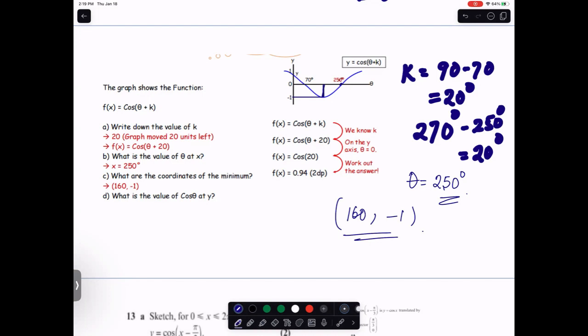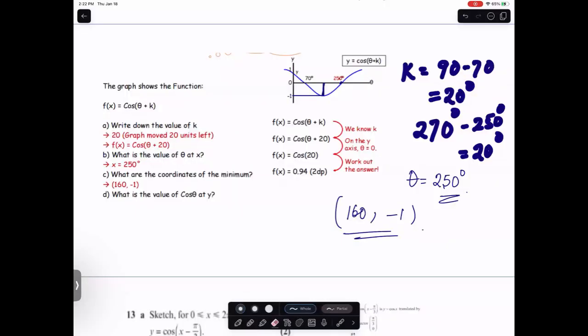So what is the value of cos theta at y? The value of cos theta at y is what we are looking for. So we're using y equals cos theta plus k. We are looking for the value of cos theta at this point y here. We already know that on the y-axis here, our theta is 0.